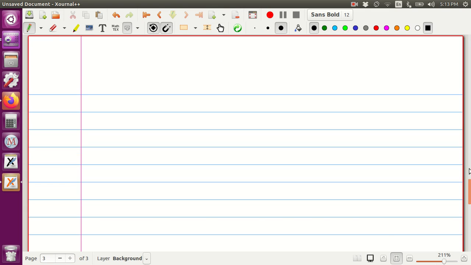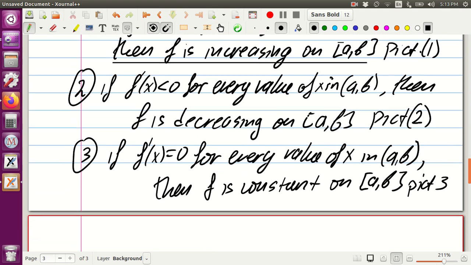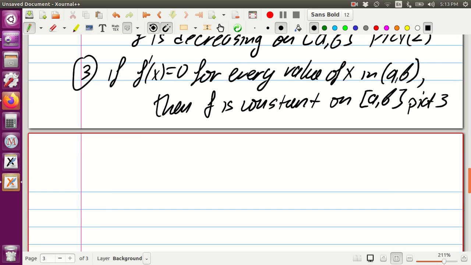The last thing to talk about with this theorem is a note.